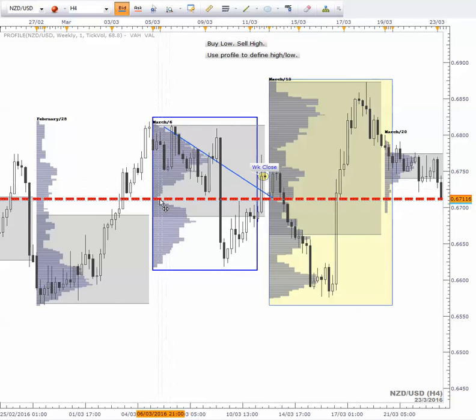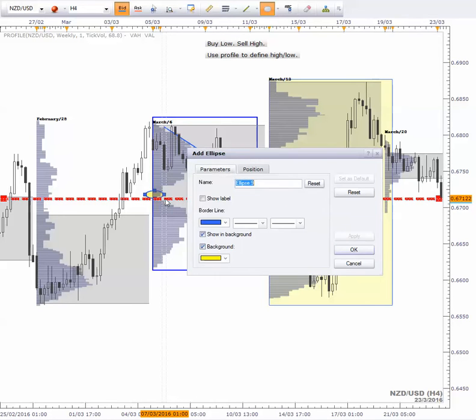From this volume profile, from this profile low, I'm going to call this a profile low. So therefore, I want to buy here when price is above.